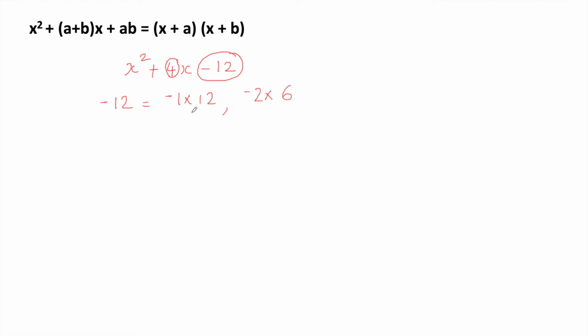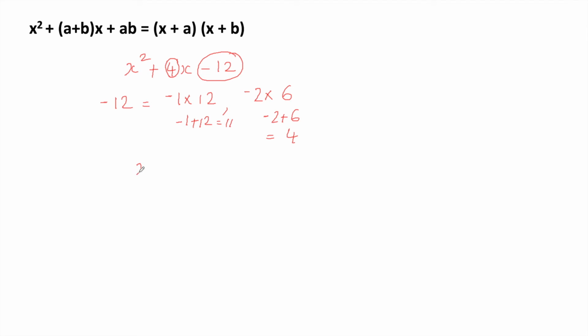Here the sum, minus 1 plus 12, will be 11. That is not equal to 4. Here minus 2 and 6 are the factors. Minus 2 plus 6, what we get is 4. That is the sum here.